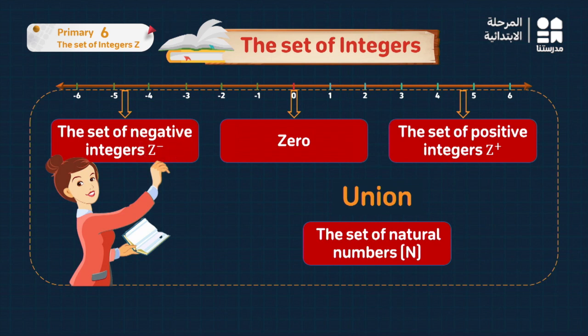If I put the 0 and the set of positive integers together, if I make a union of them, I will have the set of natural numbers. We already took it before in 5th primary.